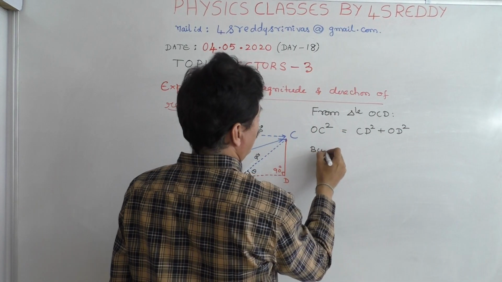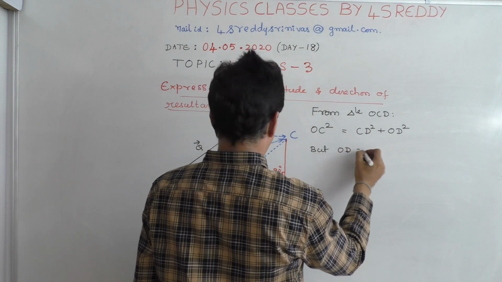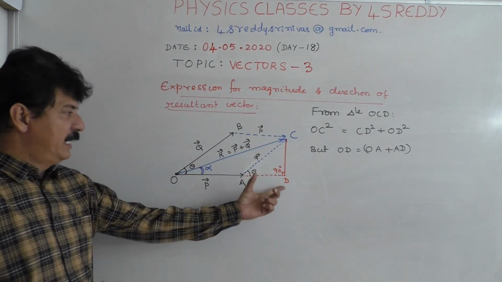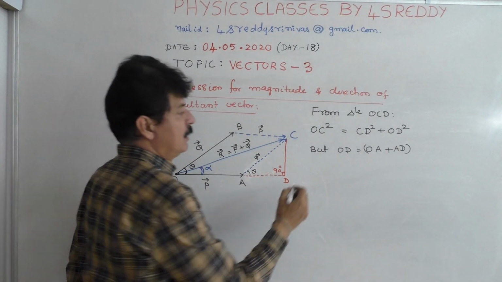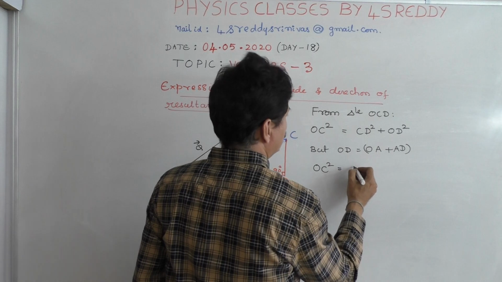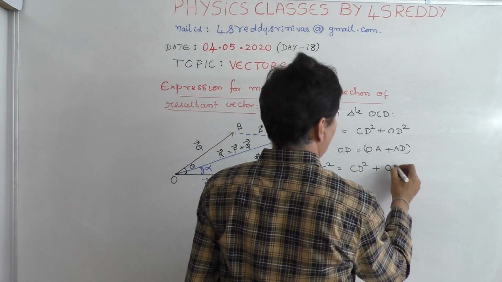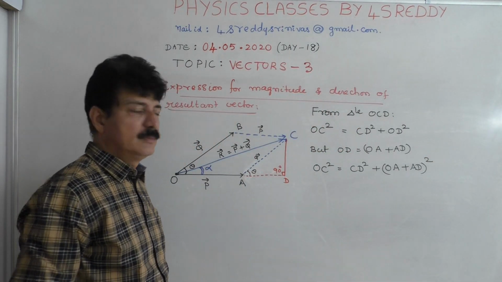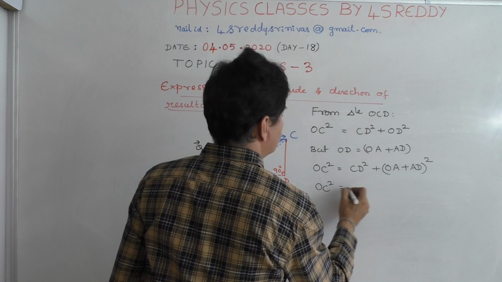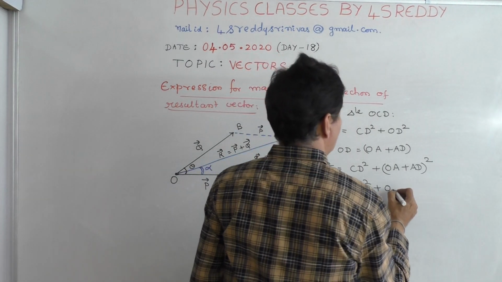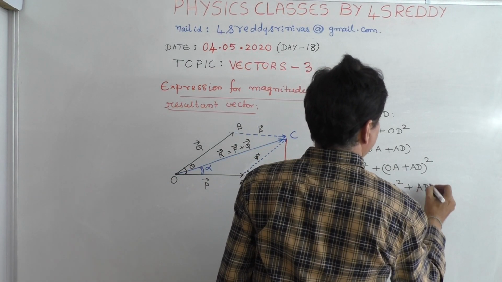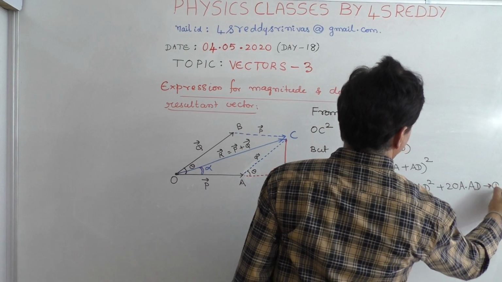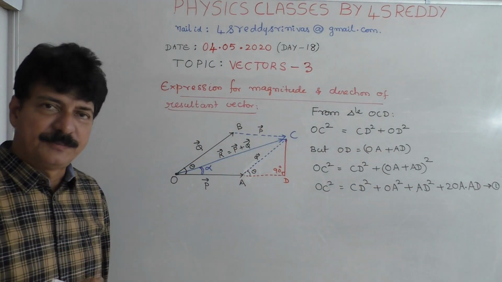But what is OD? OD is nothing but OA plus AD. Therefore, OC square equals CD square plus (OA plus AD) whole square. Then OC square equals CD square plus OA square plus AD square plus 2 OA AD. That is equation number 1.